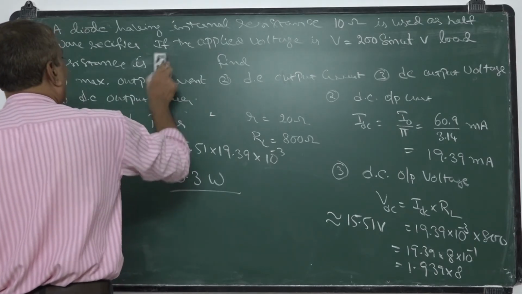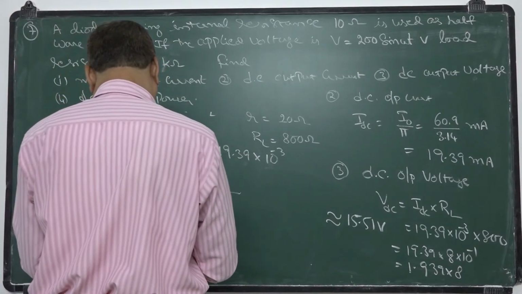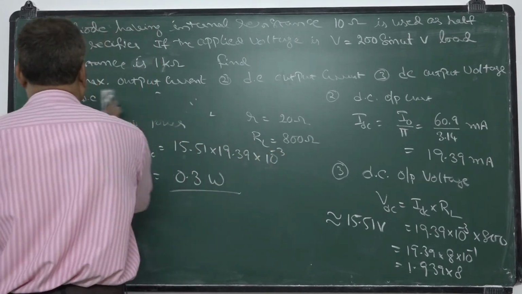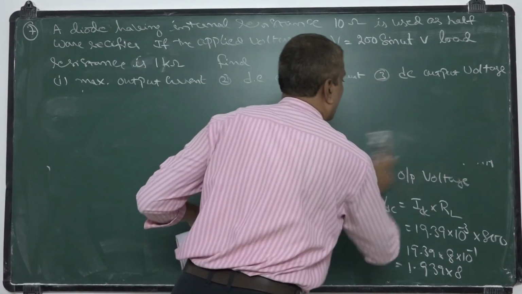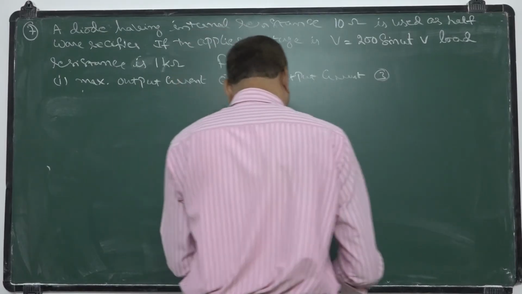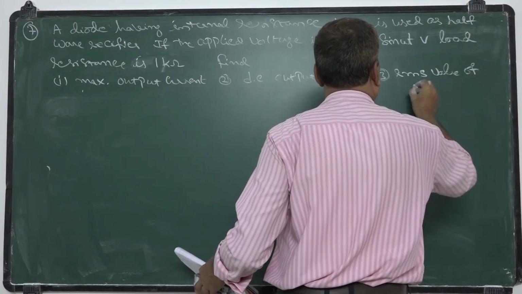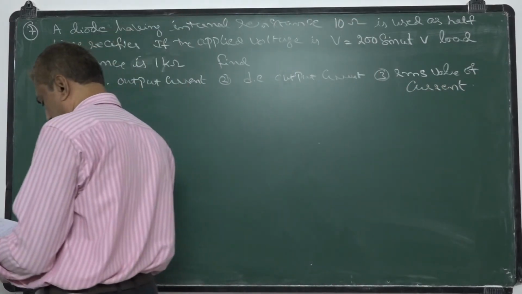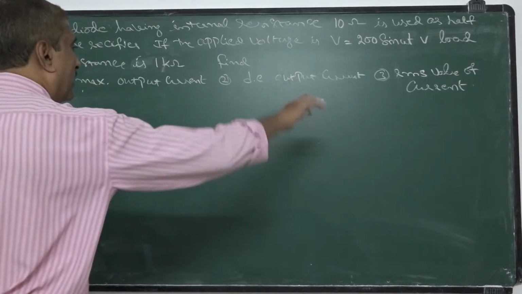Sorry, 1 kilo ohm. Find the maximum value of output current, the DC output current, and third one, the RMS value of output current, sorry.